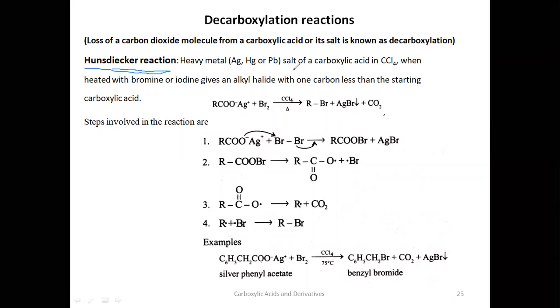The heavy metal salt of a carboxylic acid. For example, heavy metal can be silver, mercury, or lead. So we have to take a salt of carboxylic acid. How is it prepared? Take carboxylic acid and add AgCl or AgOH, and we will get this heavy metal salt of carboxylic acid.